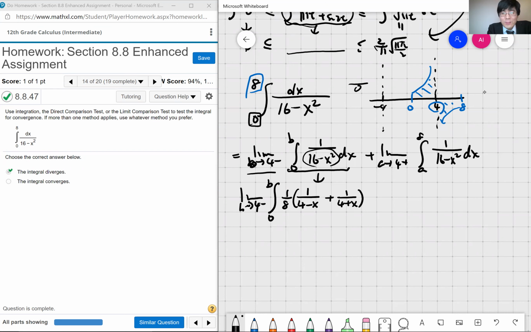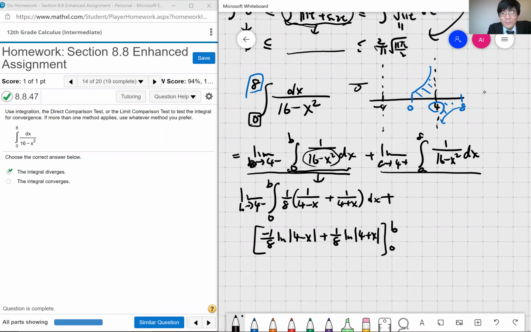Let's just focus on the left side, the first term, because this one we can do similarly later. And I'm going to show that this diverges. So after integrating this, it will become negative 1 over 8 ln absolute value of 4 minus x, plus 1 over 8 ln absolute value of 4 plus x.